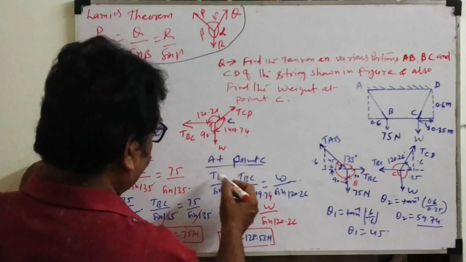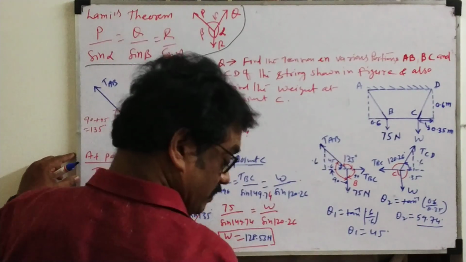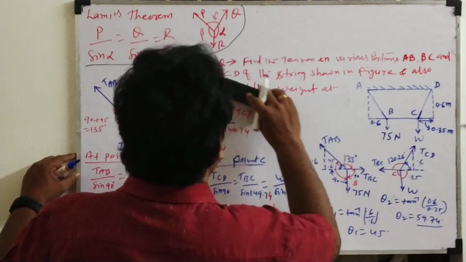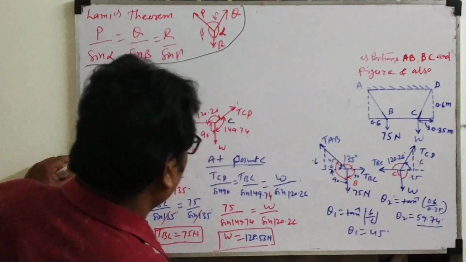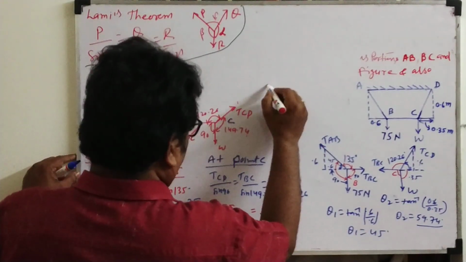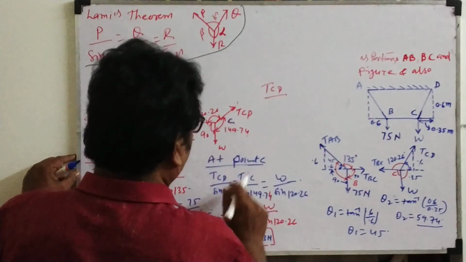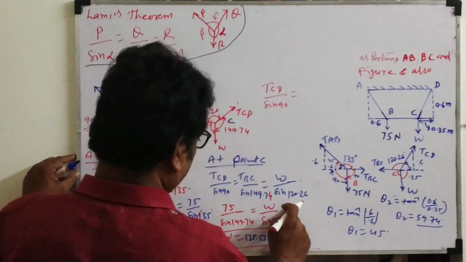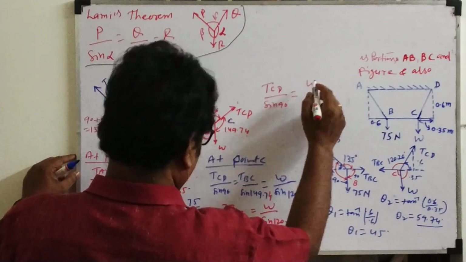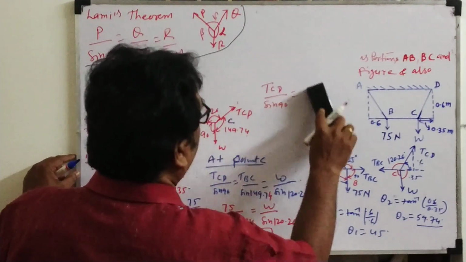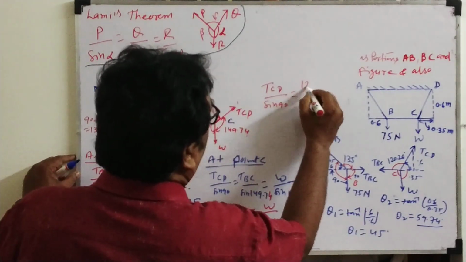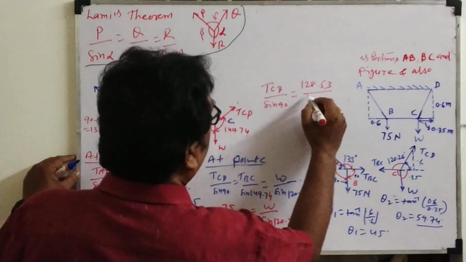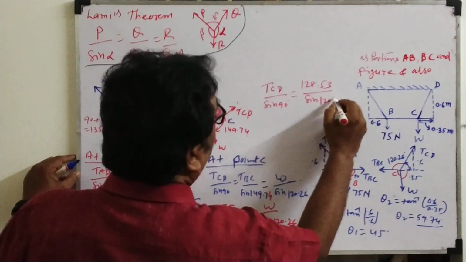Now, if we take another point, what will we take? First we need TCD. Now look here. TCD divided by sin 90 equals, take any one, W we already know, 128.53 divided by sin 120.26.